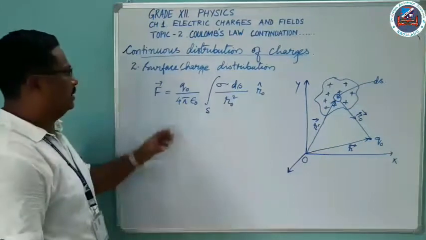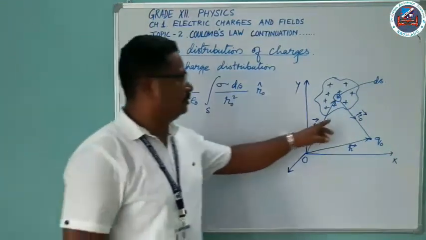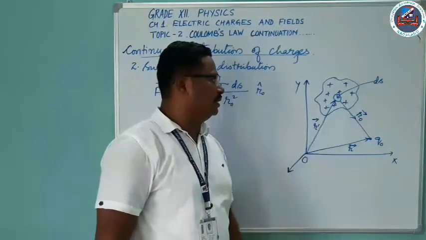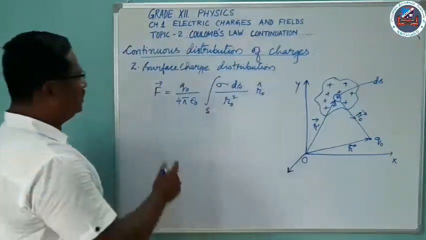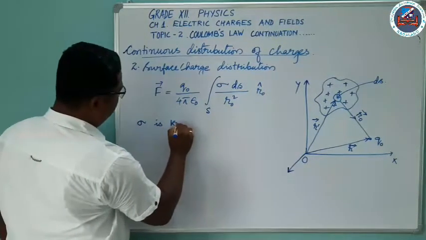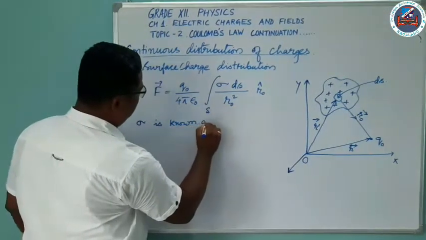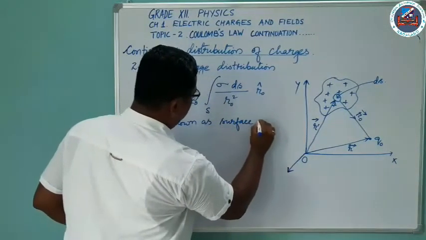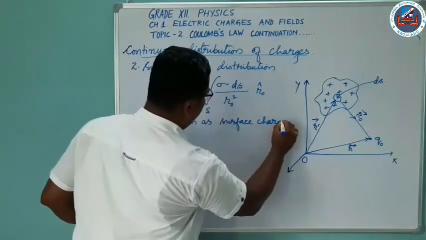This is the expression for the force that Q0 will experience because of the presence of ds. Now this sigma is known as surface charge density.